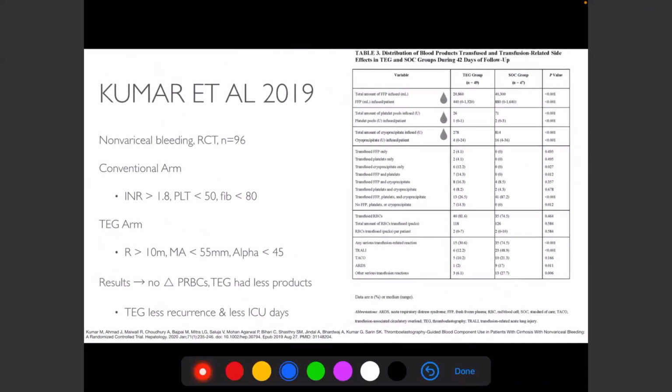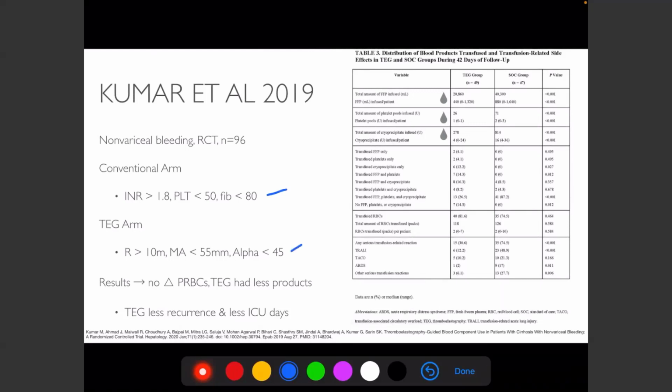I don't want to take too long on this because we have 15 minutes left. This was a similar trial, but non-variceal bleeding in patients with cirrhosis. The baseline characteristics were well matched, and your conventional arm had threshold criteria, and then the TEG arm had its own criteria.